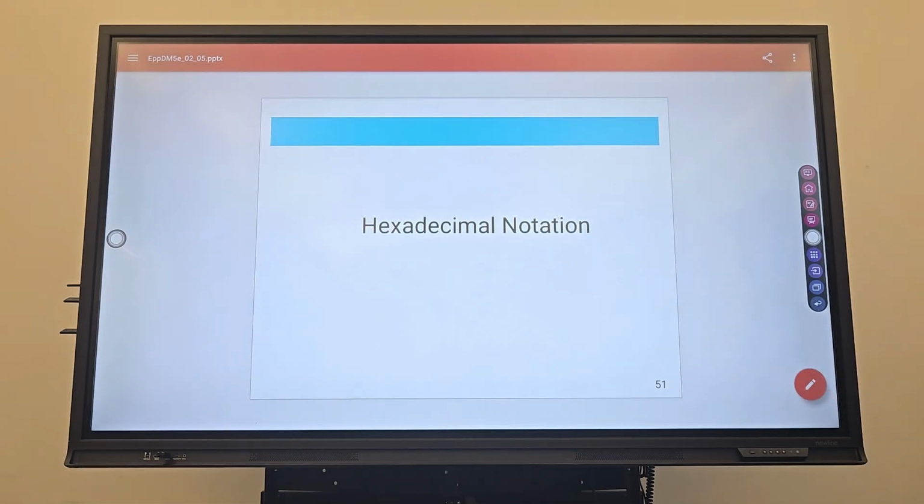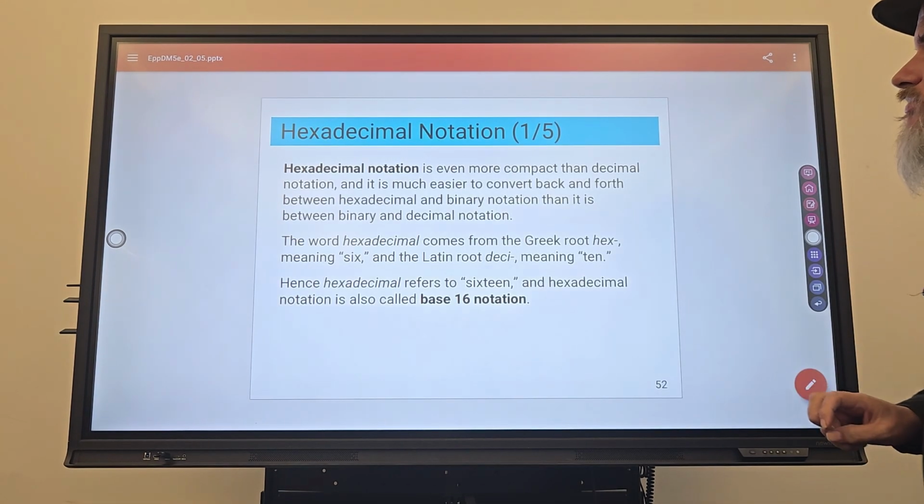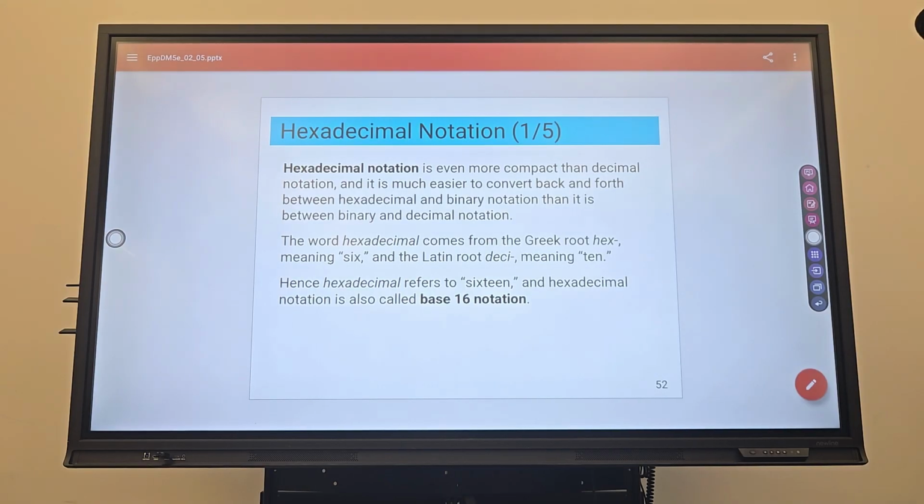Hexadecimal notation. Hexadecimal notation is even more compact than decimal notation. It is much easier to convert back and forth between hexadecimal and binary than it is between binary and decimal notation.